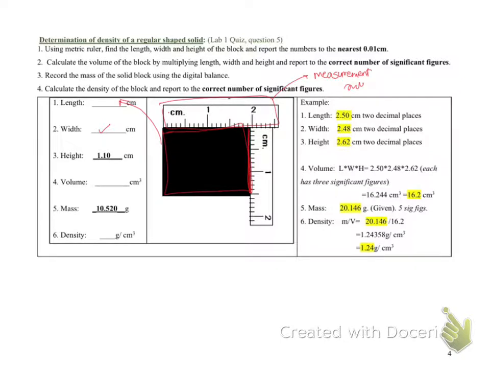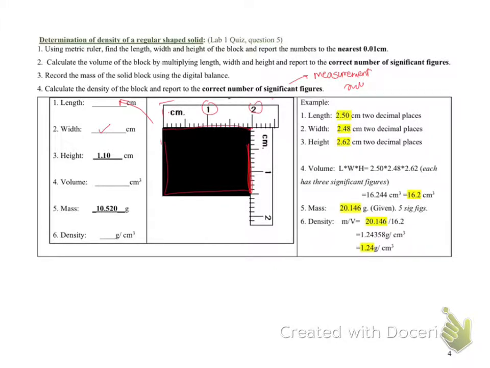So here, for example, if it is at this point, the length is between 1 and 2.